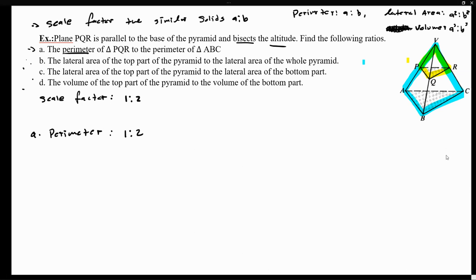Now for B, it says the lateral area of the top part of the pyramid to the lateral area of the whole pyramid. Well, since those two solids are similar to each other, we know that the lateral area must follow a scale of A squared to B squared. So therefore the scale factor is 1 to 2 for the lateral area.